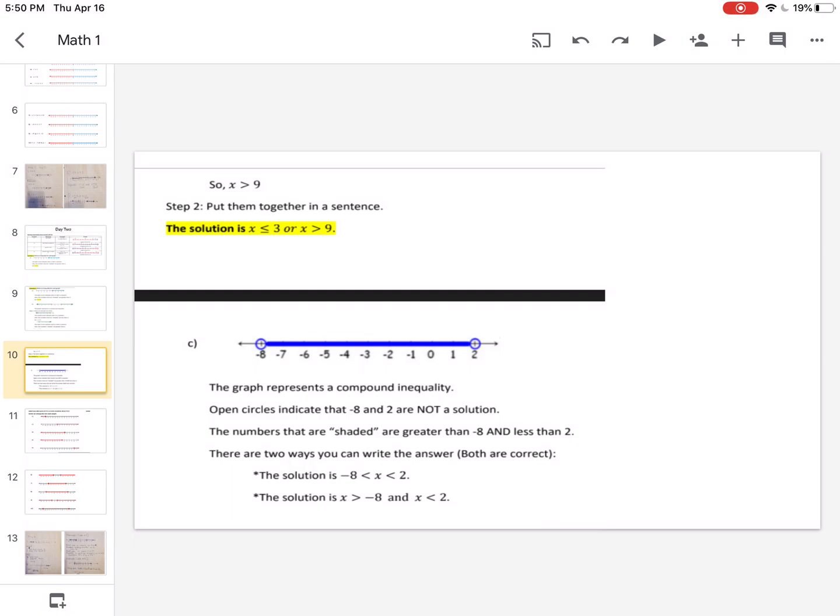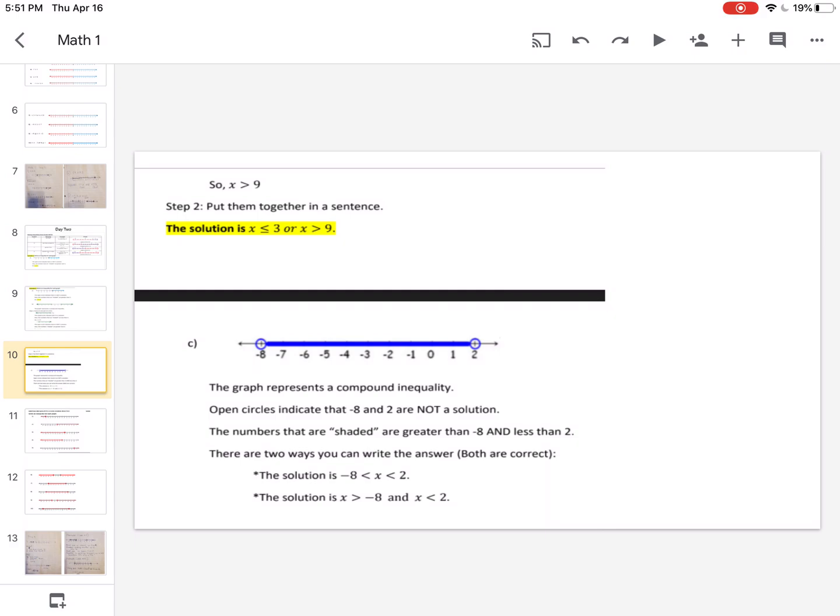Let's move down to C. The graph represents a compound inequality. Open circles indicate that -8 and 2 are not solutions, so they're not part of it. The numbers that are shaded are greater than -8 and less than 2. There are 2 ways you can write the answer. Both are correct.